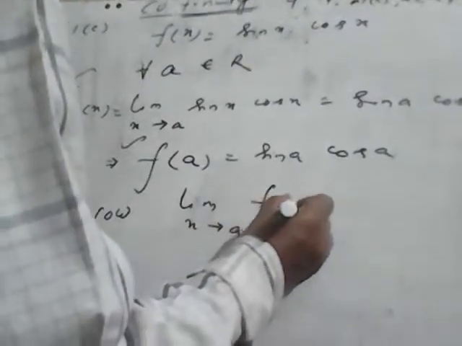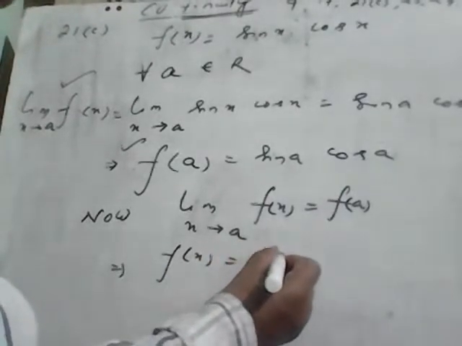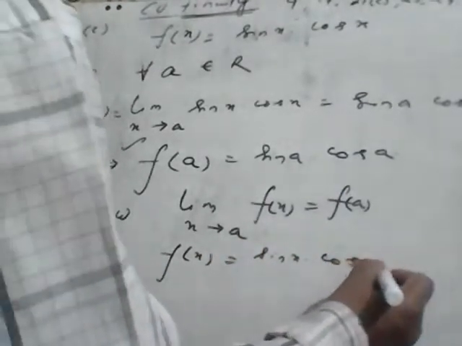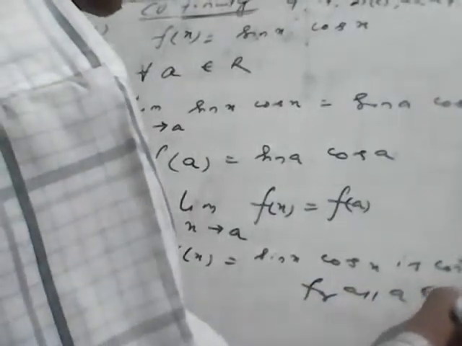Now, limit x approaches A of f(x) equal to f(A), that implies f(x), that is sin x into cos x, is continuous for all A belongs to R. R is the domain of this function.